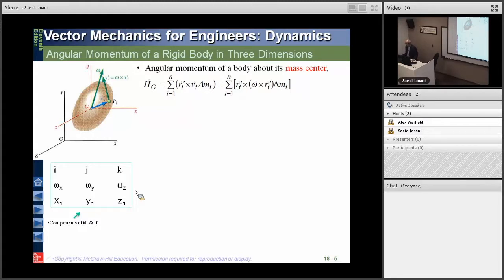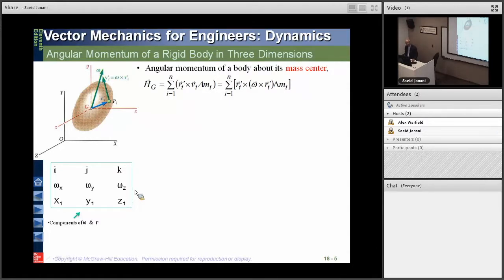H equals the summation of all the particles. If we assume that Pi is our particle, and we have many particles from 1 to n, the position vector of the particle is denoted by vector r, from G to P. Since this is a rotating body, you're going to have some angular velocity, omega.